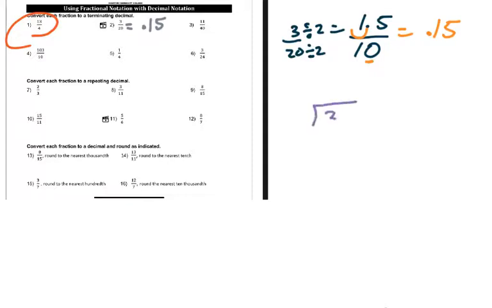This would be 3, this would be 20. Because 20 doesn't go into 3, we're going to put a 0 here, and that means we're going to have 1, because 20 goes into 30 one time. 1 times 20 is 20, subtract, we get 10. Bring another 0 down. How many times does 20 go into 100? 5 times, so that's 0.15.